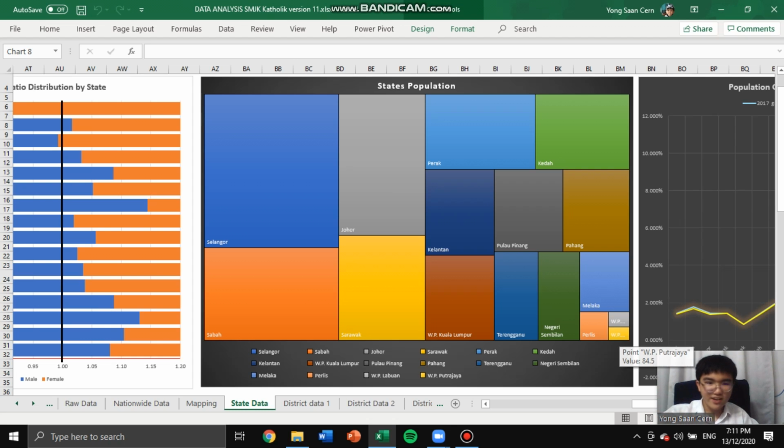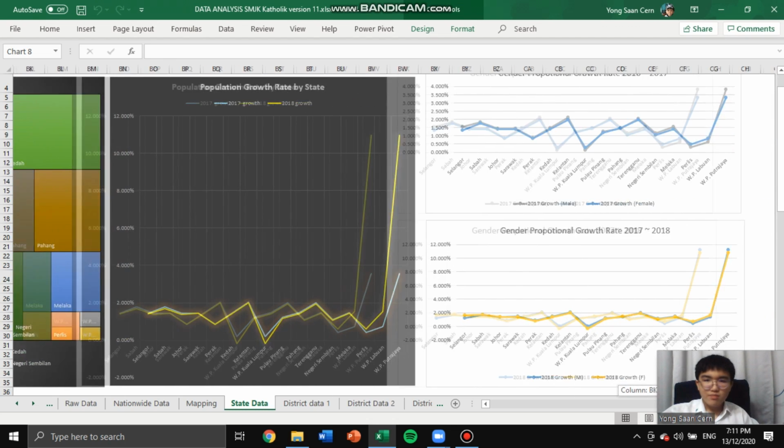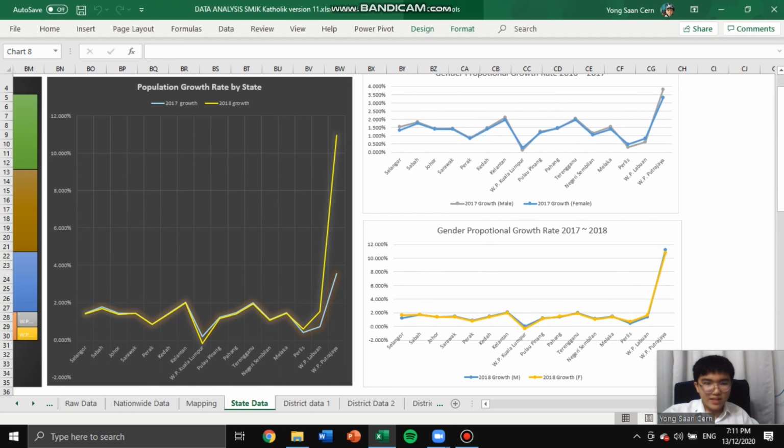It's Putrajaya. Moving on. So this is the growth rate by state of population. So you can see Selangor, Sabah, all these states generally hovering between 1 to 2% of the growth rates. And surprisingly, Kuala Lumpur here has a negative growth rate compared to other states from the year 2017 to 2018.